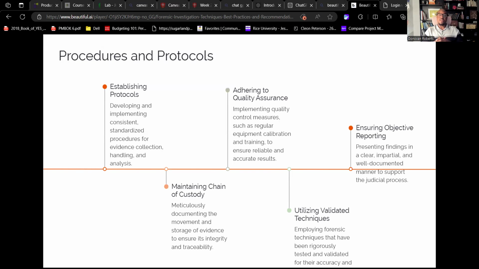Utilizing validated techniques, of course, there's a standard board of techniques that need to be used. And then ensuring objective reporting, backed by scientific methods that are accepted within the industry. You don't want to start making things up or creating your own way of doing things that isn't well studied or backed by the forensics community.